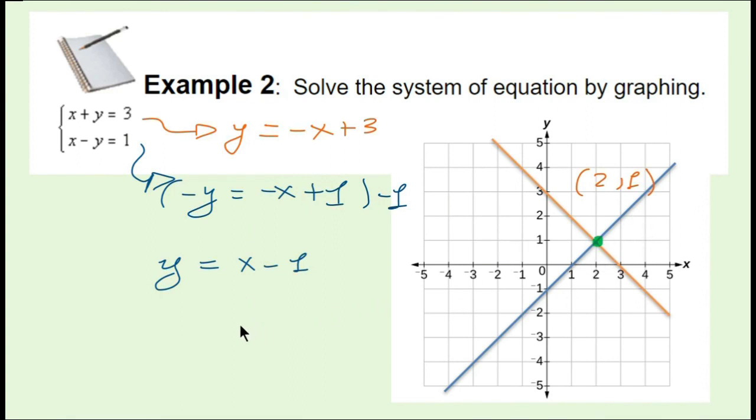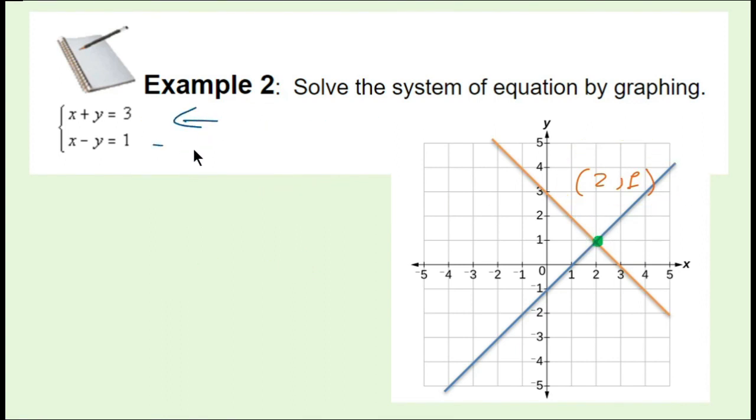Now let's make sure that this works. In order for that to be a solution, point 2, 1 must satisfy both of these equations. So when you plug this point in here, they must be true, right? They must be equal to whatever they're equal to. So let's see. Let's plug x is equal to 2 and y is equal to 1. 2 plus 1 is equal to 3.